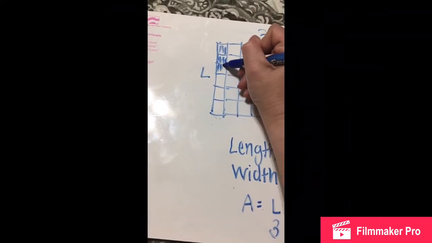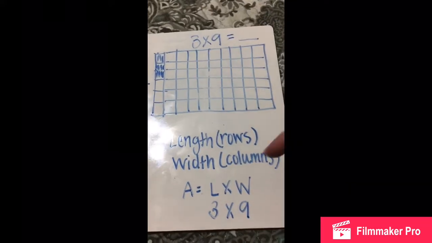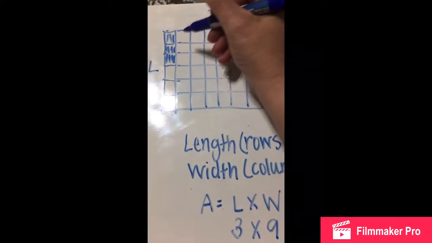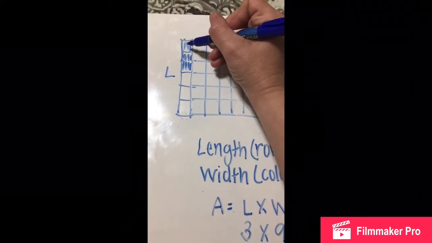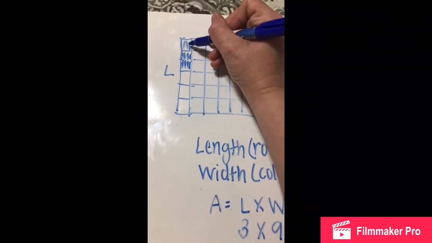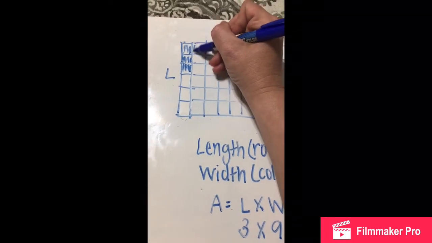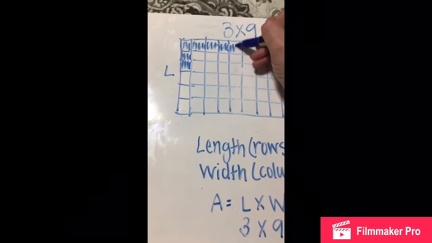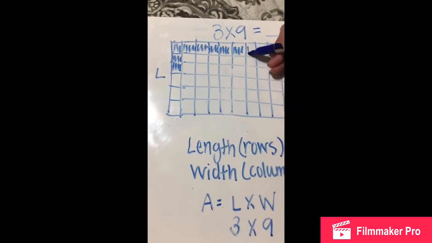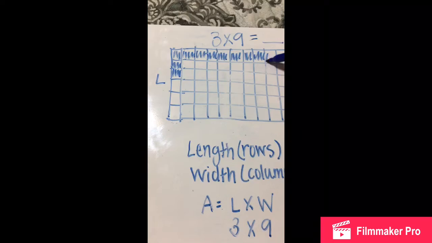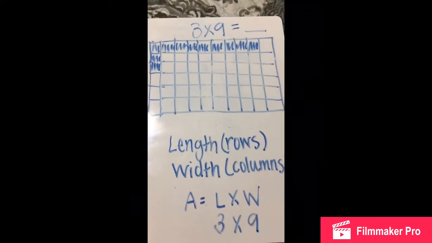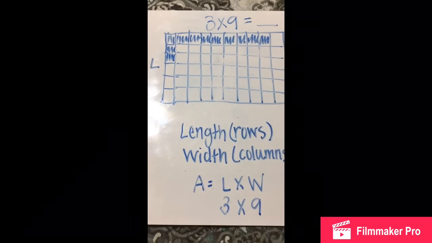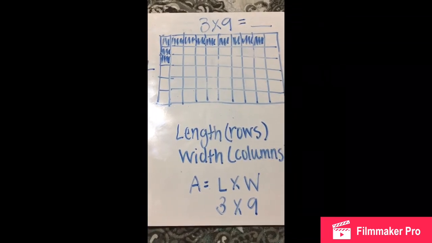1, 2, 3. And our width is 9. So I'm going to go across 9 columns. Well, I already have 1, so I have to include that. So 1, 2, 3, 4, 5, 6, 7, 8, 9. In order for this to be a complete area model, I need to fill in the rest of my rectangle.